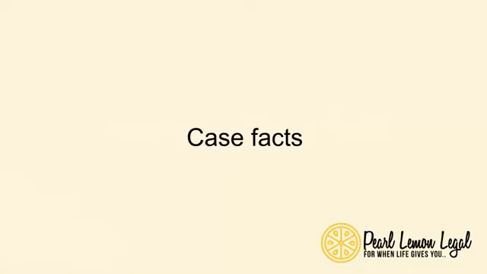The next thing would be the case facts. So you want to cover the details of what happened. This is where legal principles are defined, how those legal principles arose, what the situations were, the scenarios. You'll want to include only the facts that are relevant.